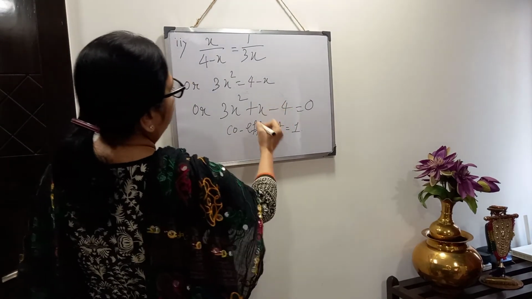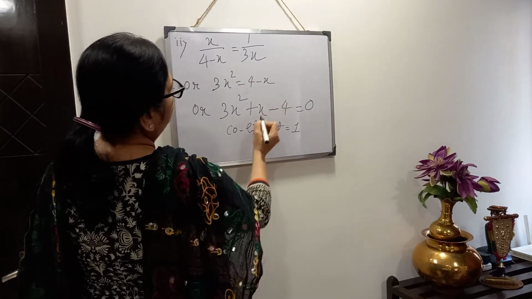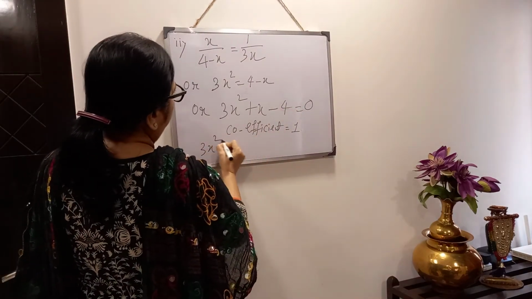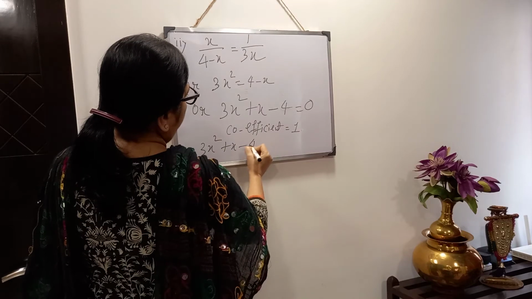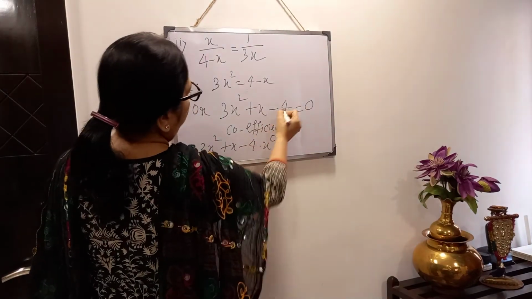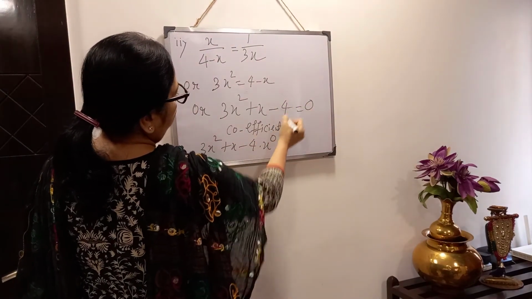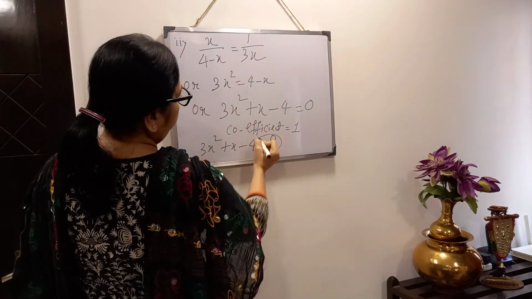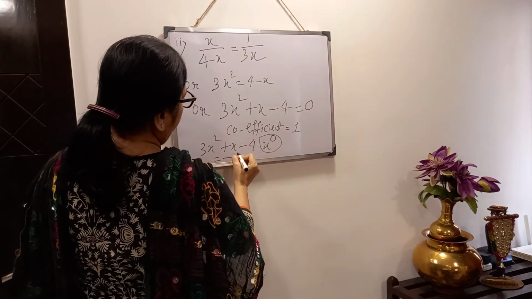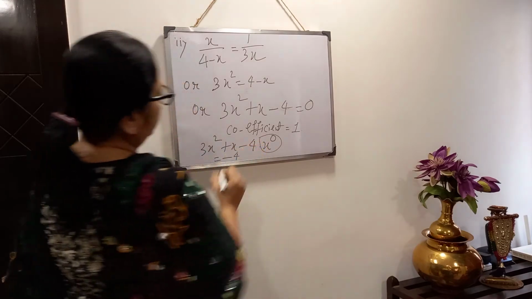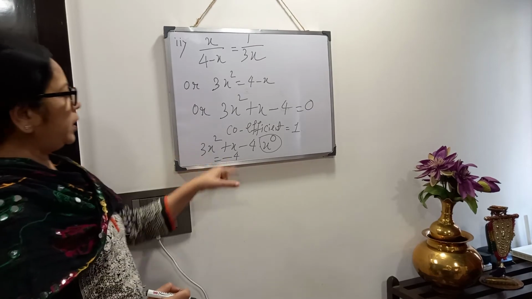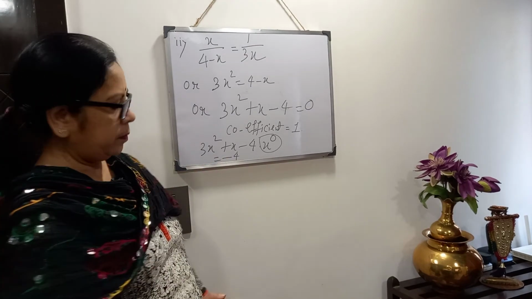It is not given, I am telling. This one I can write in this form: 4 into 1, in place of 1 I can write x to the power 0. Then what will be the coefficient of x to the power 0? Minus 4. Negative sign also you have to consider. Clear?